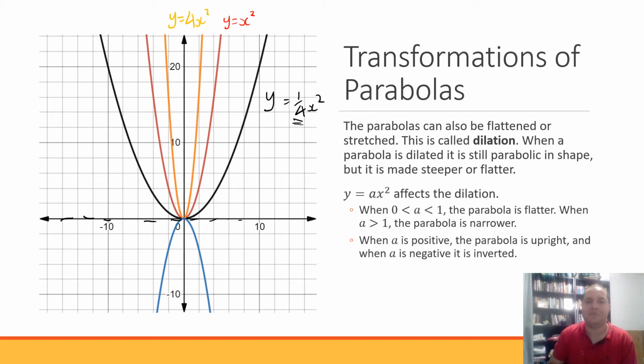If our dilation becomes negative, like in this graph here, we actually get our parabola turned upside down. So when it's a negative dilation, our parabola flips over. If it's got a large dilation factor, it's stretched, quite steep. If it's got a low dilation factor, like 1/4, it's made a lot flatter.